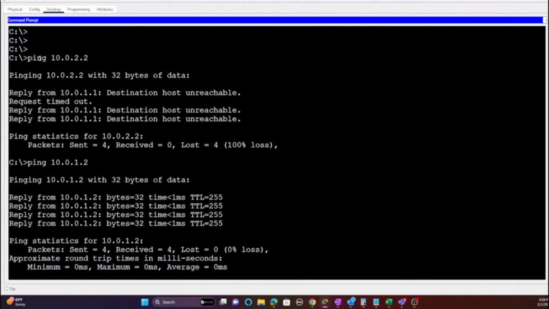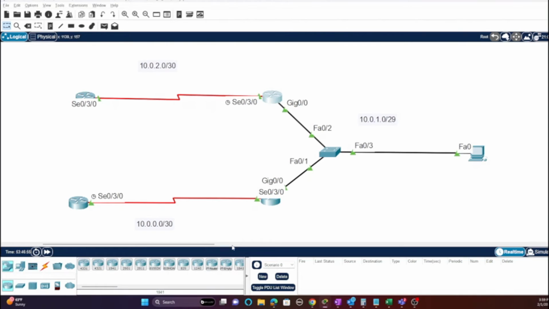So if we want this PC to be able to reach that network 10.0.2.0, the default gateway 10.0.1.1, which is this router right here, also needs to know about this 10.0.2.0 network. This guy, since he's not connected, doesn't know about it because he's not running OSPF.